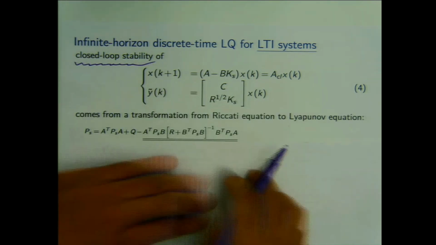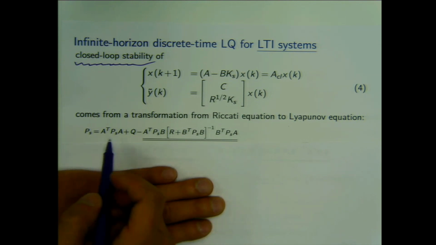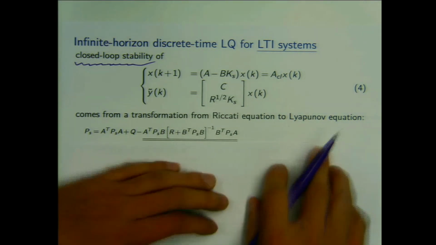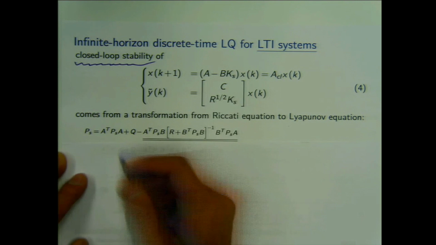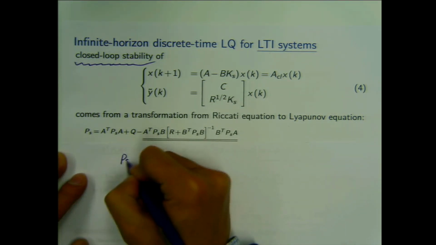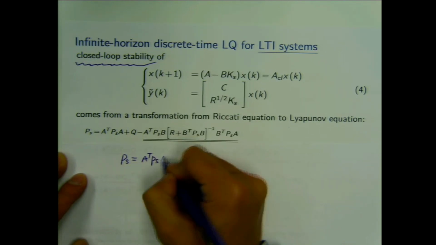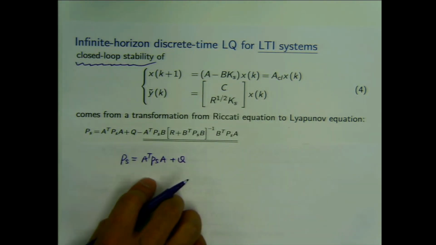I'll start by recalling this algebraic Riccati equation over here. I mentioned to you that this is sort of like a quadratic function of P. And it looks actually very much alike a Lyapunov equation. If you recall the standard Lyapunov equation, what's over there? P_S equals A transpose P_S A plus Q. Standard Lyapunov equation.